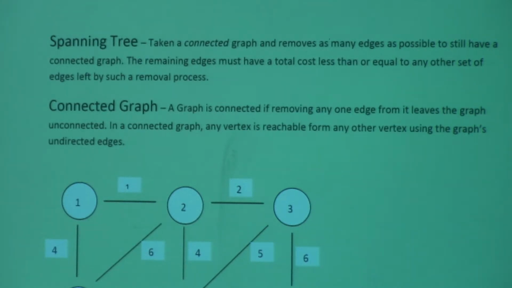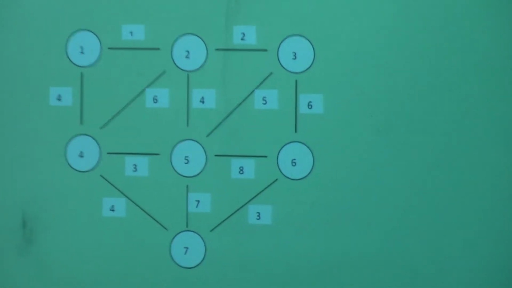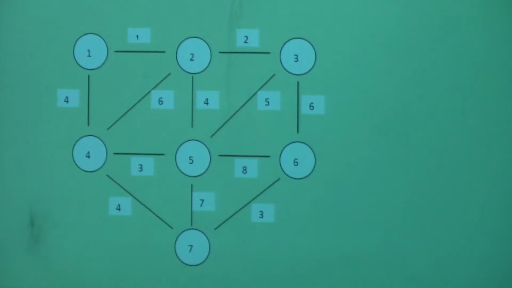Now let me ask you a question. Do you think this edge with a cost of 8 could ever be part of a minimum spanning tree? It's the most expensive edge. So could we have the most expensive edge while trying to produce the cheapest connected graph, which is what an MST, minimum spanning tree, is?